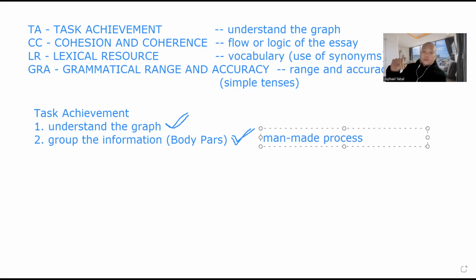So we will check here how to group information for man-made process, map. Okay, how to group information. So man-made process, maps, natural process, and diagram. Okay, so let's check here first man-made process.